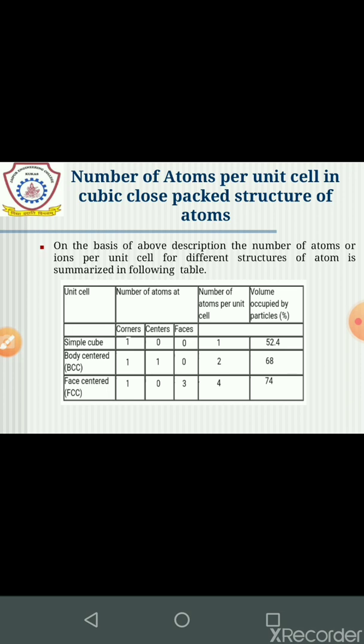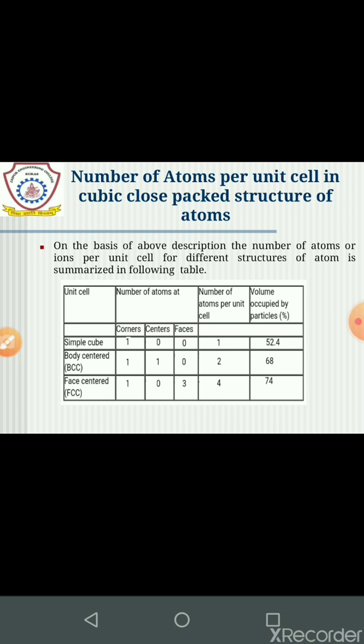At the center, simple cubic and FCC have no center atom, but BCC has one center atom. If we talk about faces, simple cubic and BCC have no face atoms, but FCC contains 3 atoms in faces.